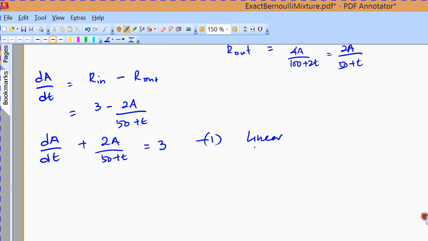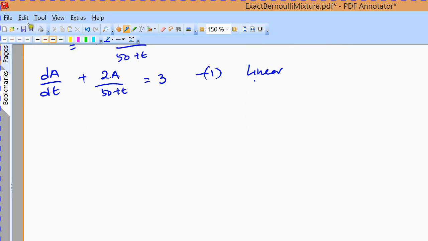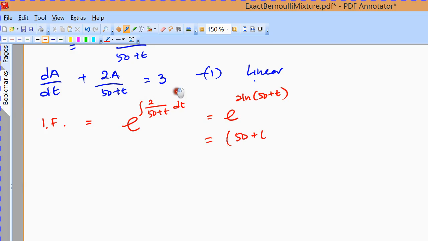So the way to solve linear equations is by figuring out the integrating factor, which is e to the power of the integral of 2 over 50 plus t. Now this is e to the power of 2 log(50 plus t), and this simplifies to (50 plus t) squared.